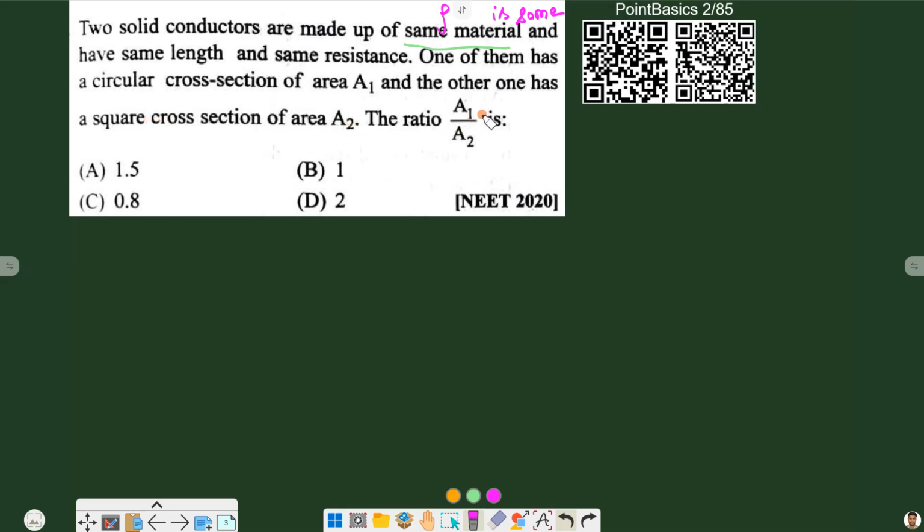The ratio we have to find. So for them, rho is same, resistance is same, and we can say length is same. One of them has circular cross-section and another one has a square cross-section. So one of them will look something like this, which has circular cross-sectional area.